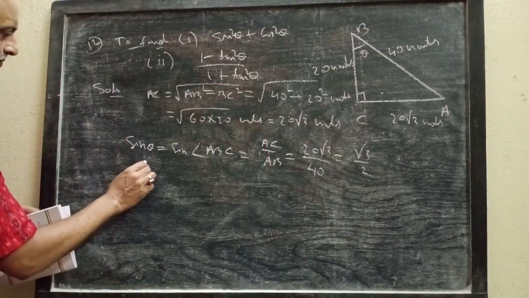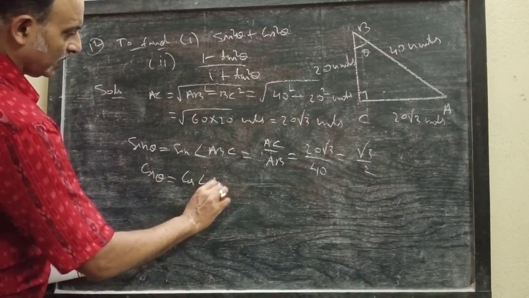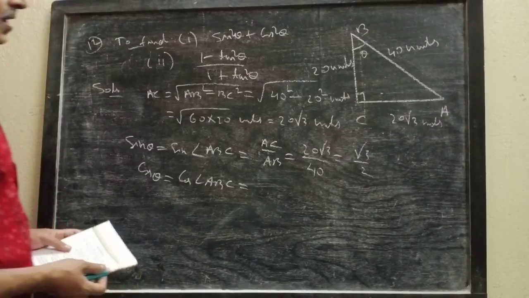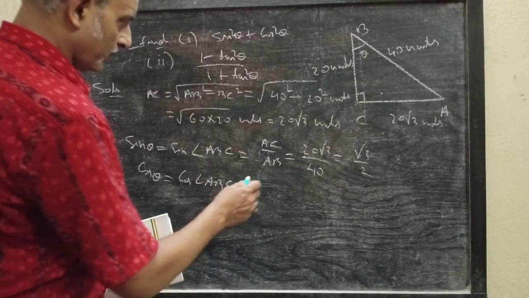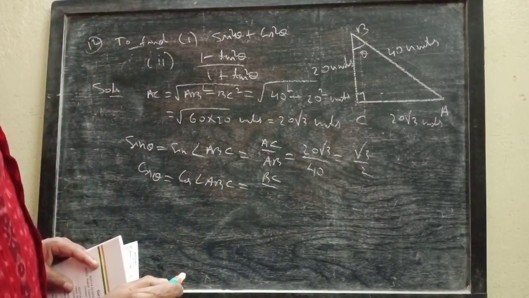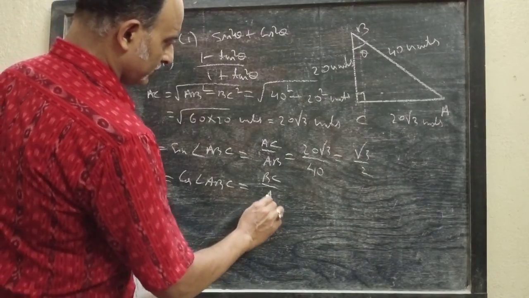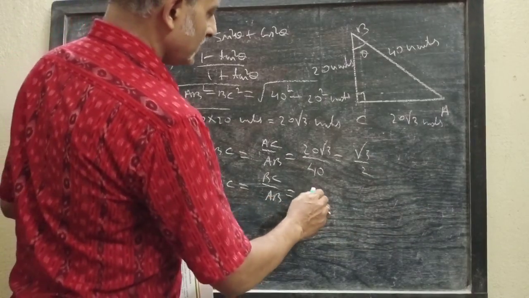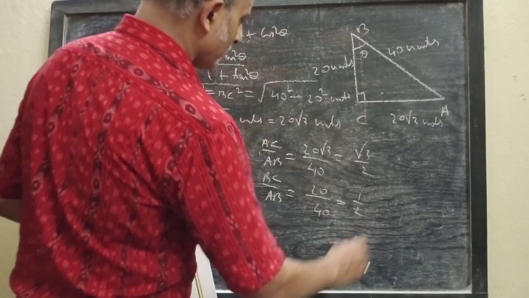Cos theta is cos of angle ABC, so BC by AB. BC is 20, AB is 40, so this becomes half.